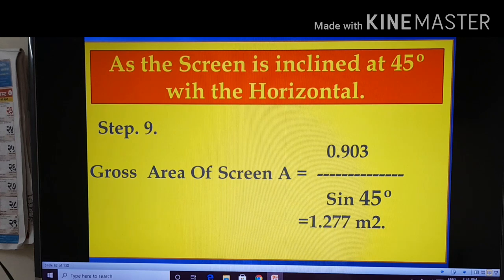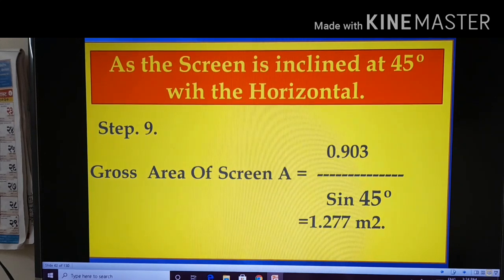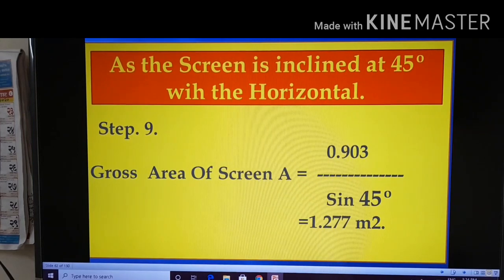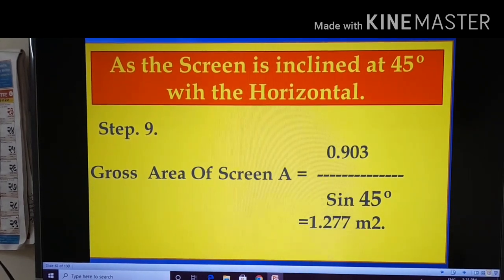Therefore, total gross area of screen capital A is equal to 1.277 meters square in your calculator. This is the value which gives a correct idea about how much area you require as the gross area for the screen.